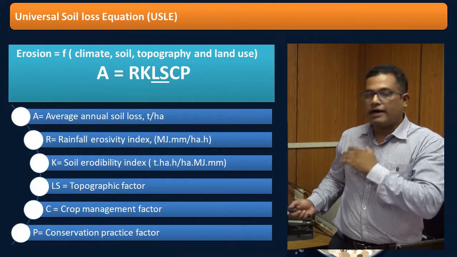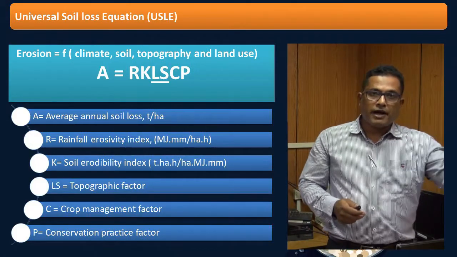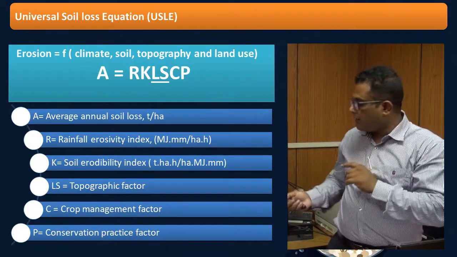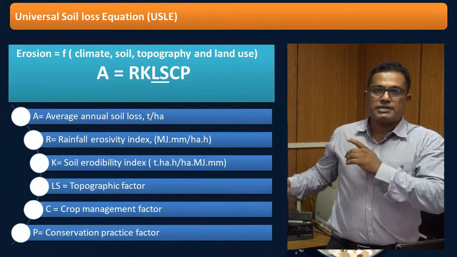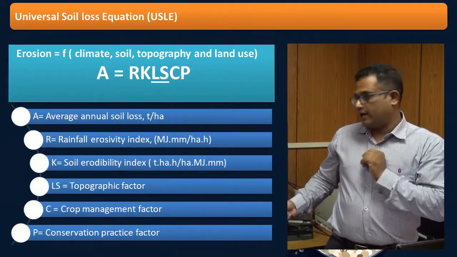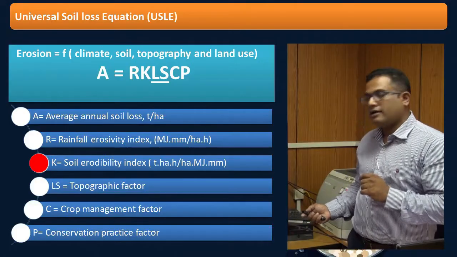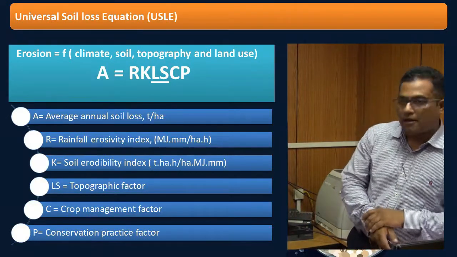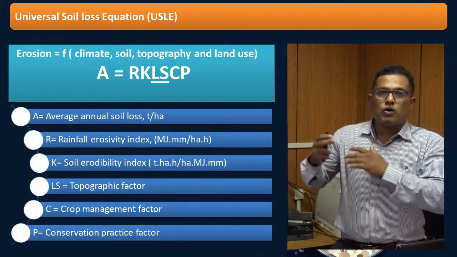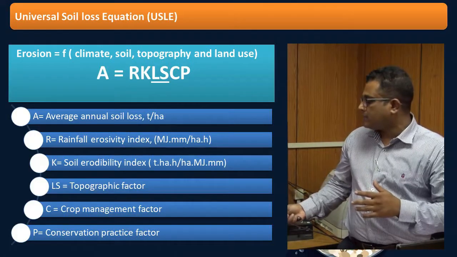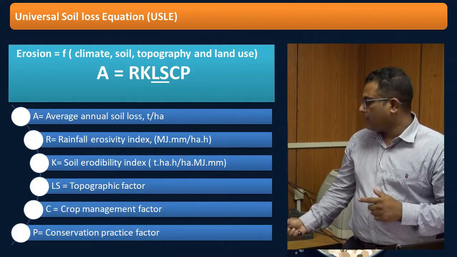It deals with the kinetic energy of the rainfall. We have also discussed in raindrop erosion the impact of rainfall on the soil surface. Similarly, this R is the property of the rainfall, its intrinsic capability to erode the land. And K, given in terms of ton hectare hour per hectare megajoule mm, is defined as the property of the soil to resist the impact of this R, that is, the property of the soil to resist the rainfall erosivity.